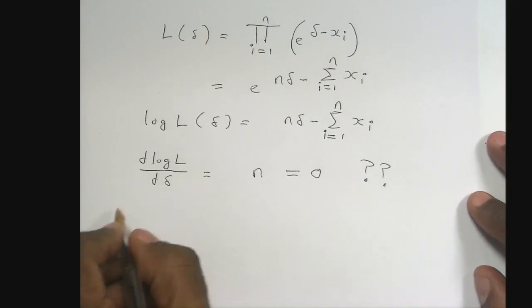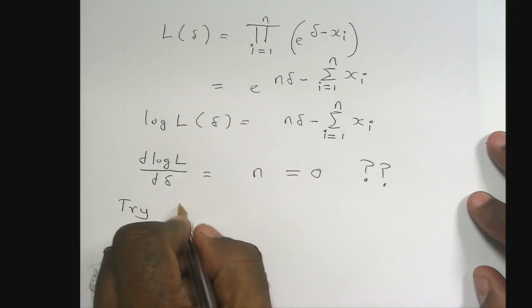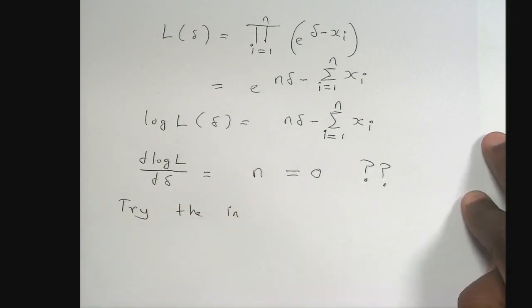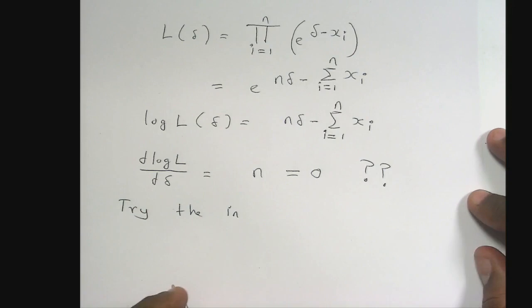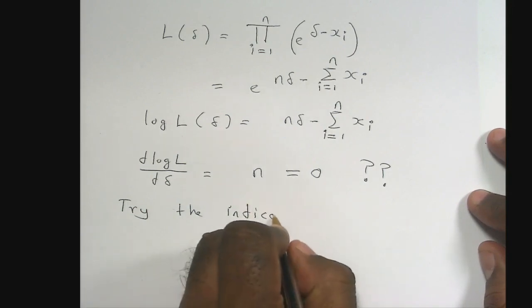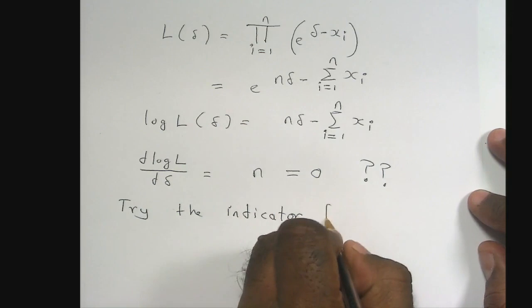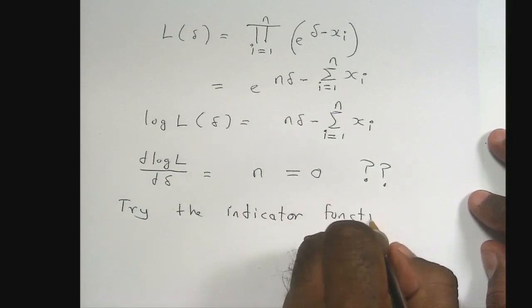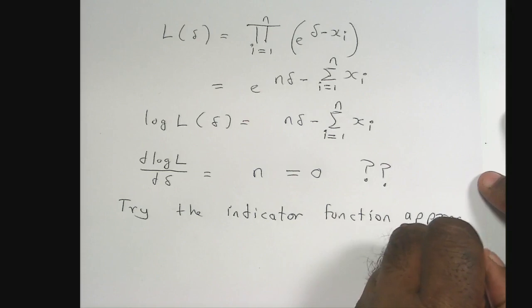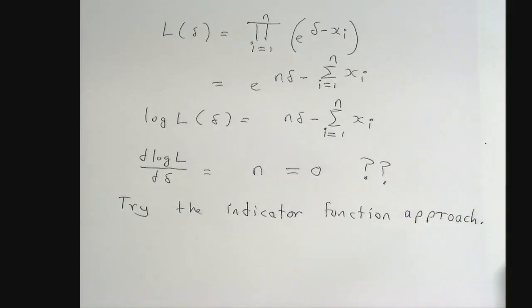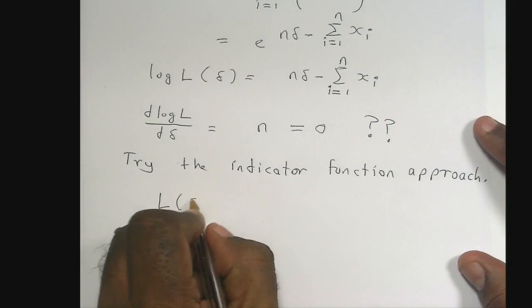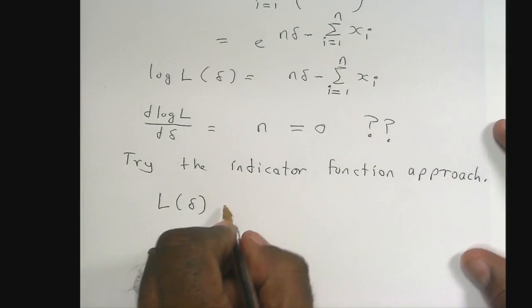So you have to try, you know what to do if the standard approach doesn't work. You try the indicator function approach, which is, you write the likelihood function as this.